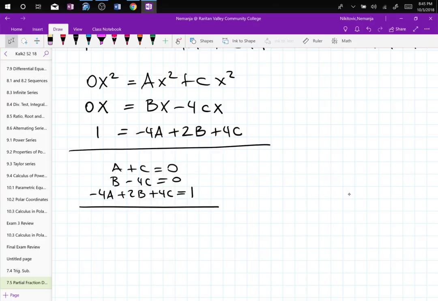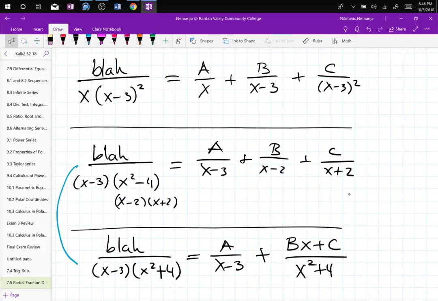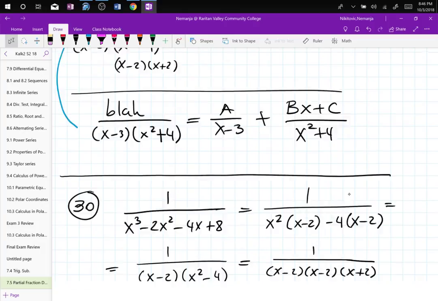In the test it says do not solve. Your job is just to set it up, because I want to see that you know how to do this procedure, to decompose. You would have 7 of these variables there, but you don't have to solve it. So technically, it's just a one-line problem for 5 points or so, because it's just a quick thing to test if you know all 4 rules.